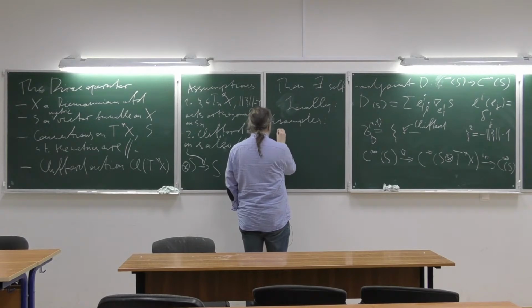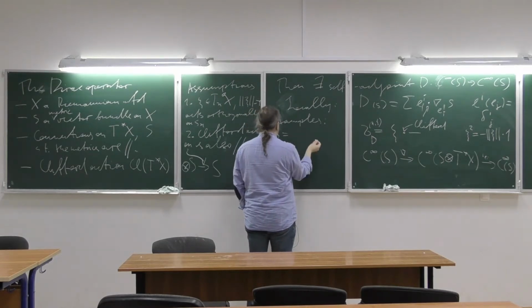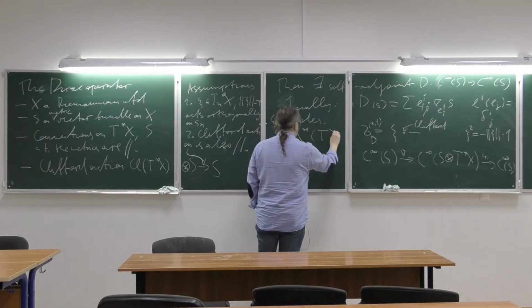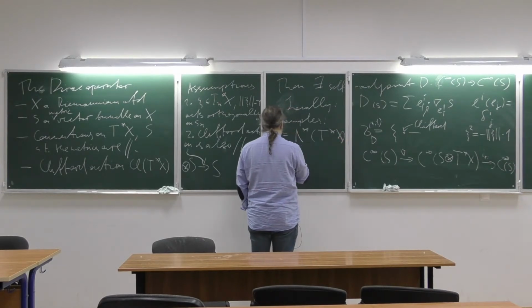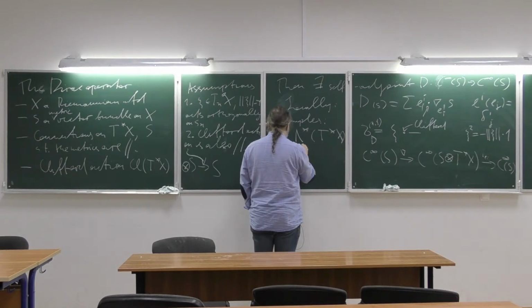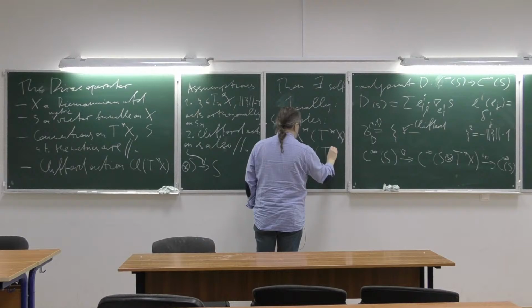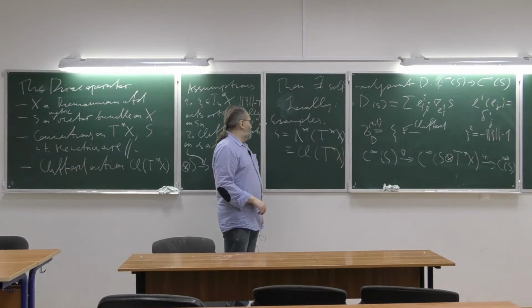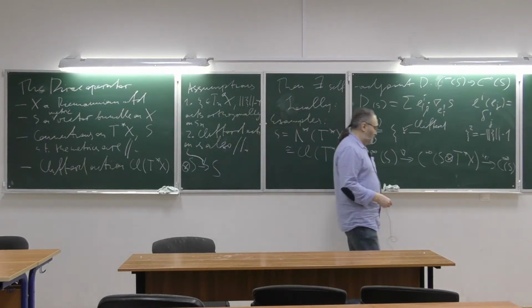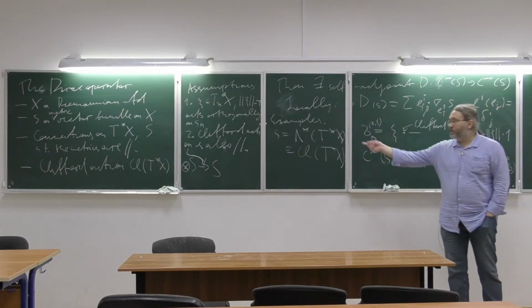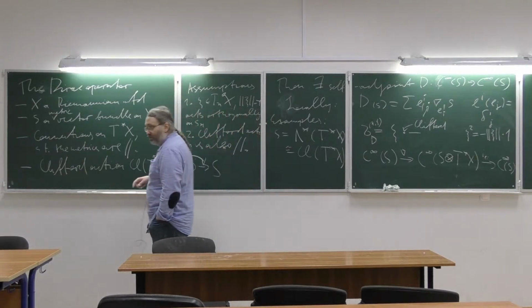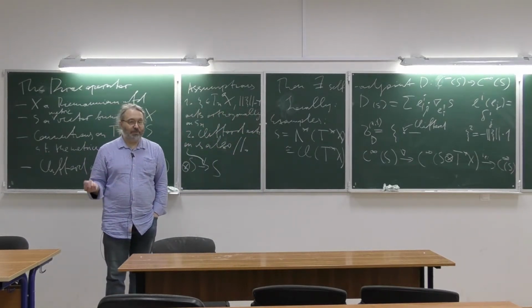Example 1. The exterior algebra of the cotangent bundle is isomorphic as a bundle to the Clifford algebra of the cotangent bundle.